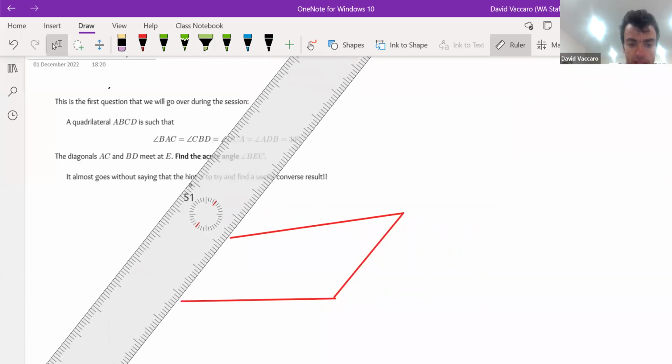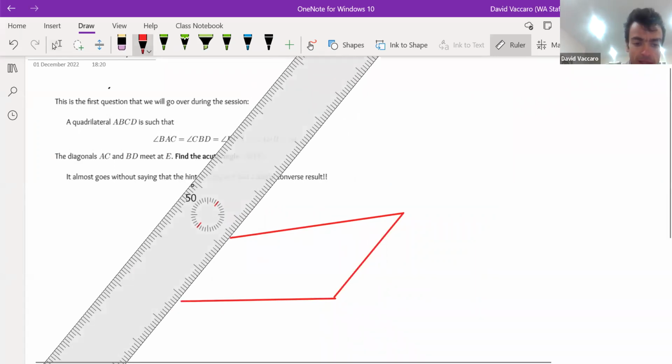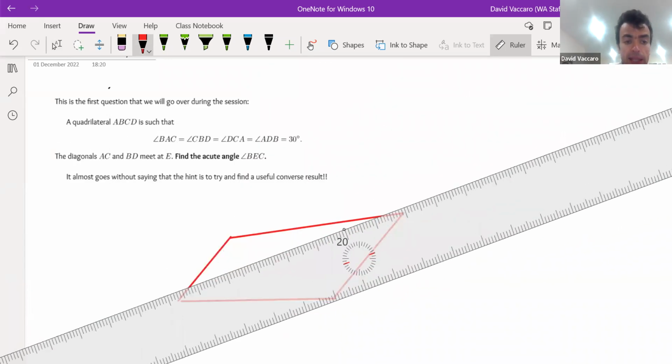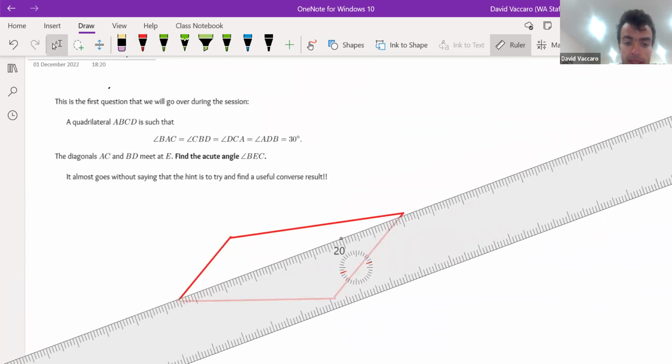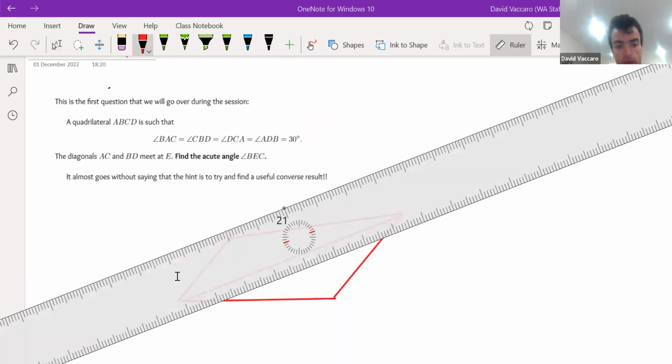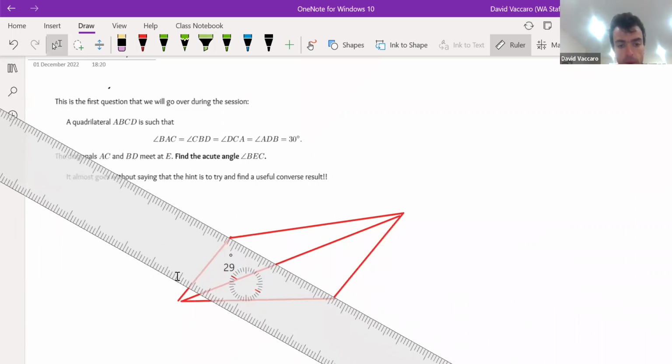This is why this is a challenging webinar to do, because I don't want to have everything pre-built. I want to do it. And then the diagonals meet at E. So let's let the diagonals meet at the point E.